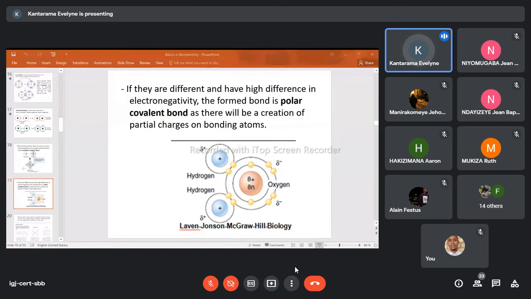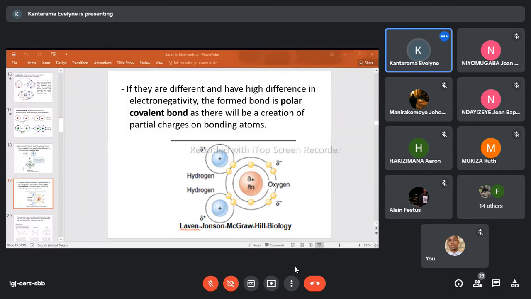There is a hydrogen bond that can be formed between fluorine and hydrogen, oxygen and hydrogen, then nitrogen and oxygen. And this hydrogen bond is mostly available in polar molecules.